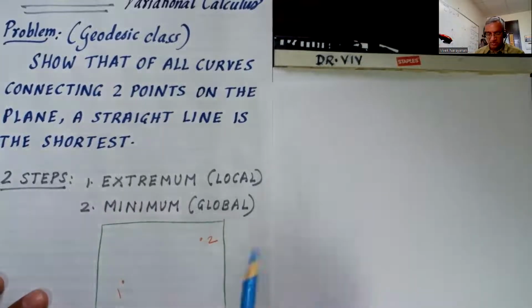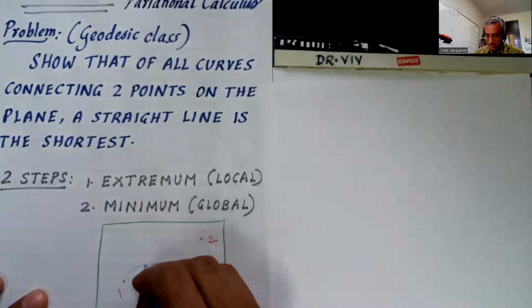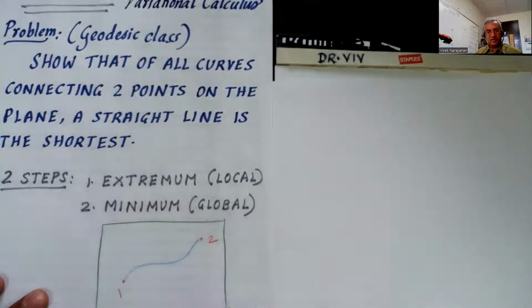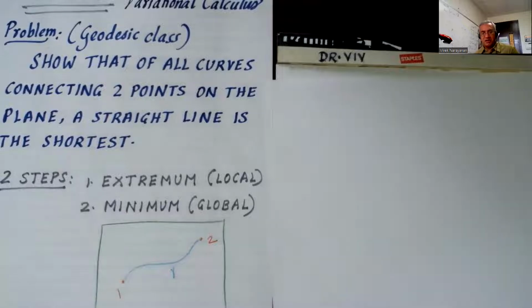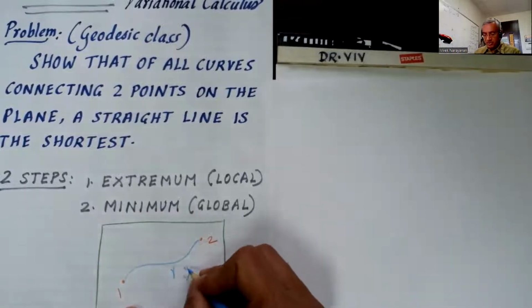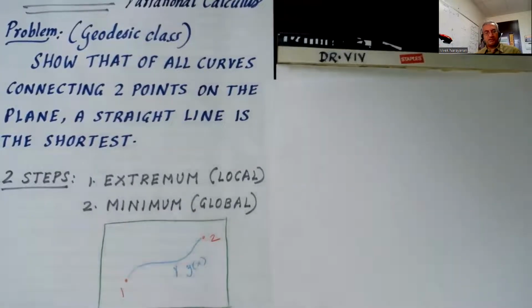So what we can do is imagine that there's some crazy curve like this, and we wish to find that curve. Let's try to find that curve gamma. That curve gamma will be found in the form of y as a function of x. And we have to find that curve which makes this blue line the shortest possible.